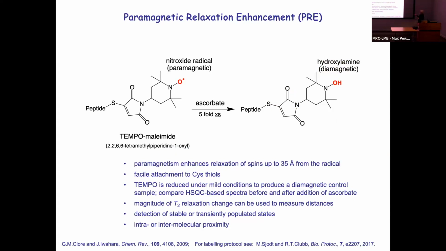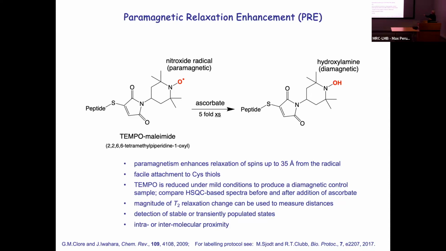We can put a reactive label, a nitroxide spin radical, a paramagnetic radical, that we label into a protein at a specific point, and all signals within the influence of that spin, that radical, that is within about 30 angstroms, will be perturbed. Their relaxation will be perturbed by the presence of this powerful paramagnetic spin.